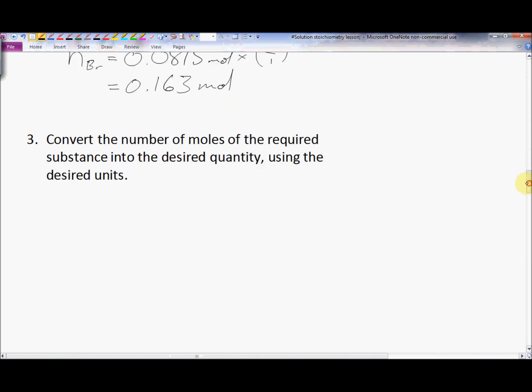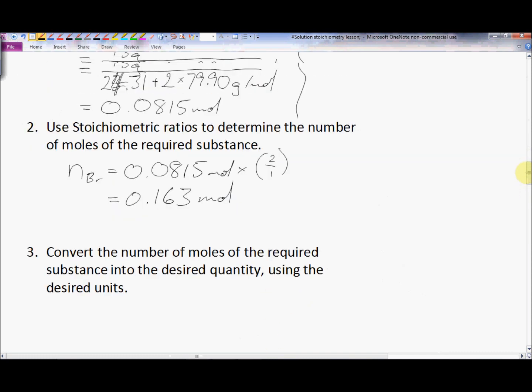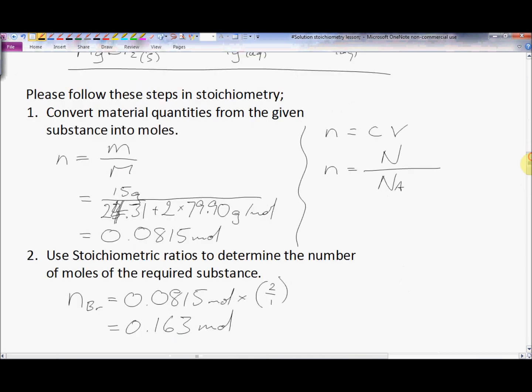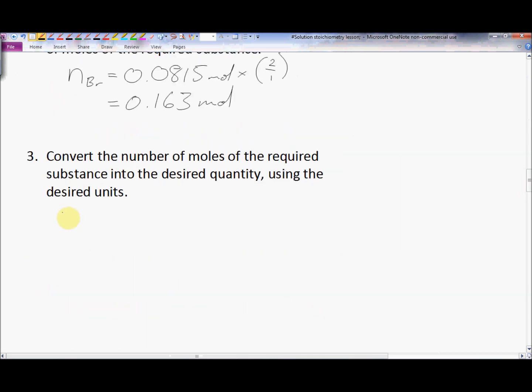Moving forward, step 3, we convert the number of moles of the required substance into the desired quantity using desired units. So let's see what our question says here. We want to know the concentration in moles per liter of the bromide ions from 15 grams of magnesium bromide in 175 milliliters of solution. Okay, so we're going for concentration, and we know that concentration is equal to number of moles over volume.